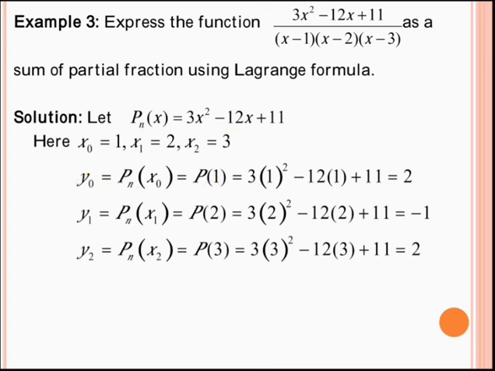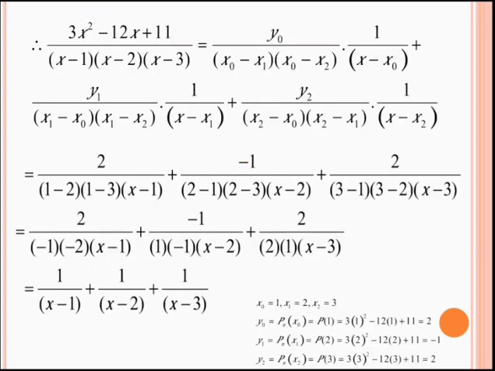Similarly, I will put x equal to 2 and I get y1 equal to minus 1. In the same way, I will put x equal to 3 in this term and I will get the value of y2. Now, this is the formula you have to remember. This can be expressed in this way.